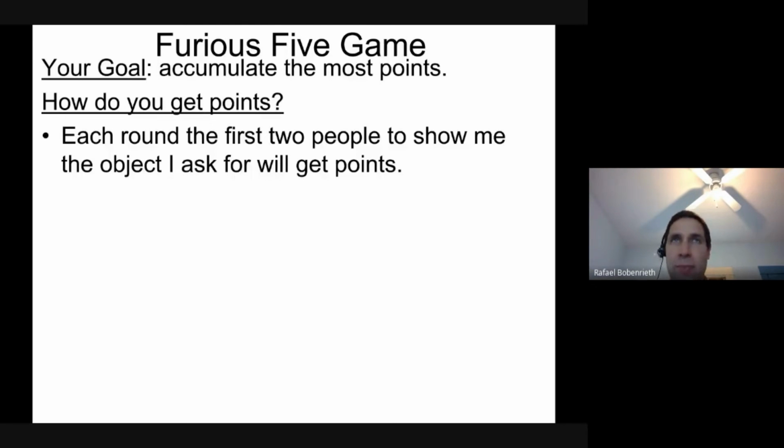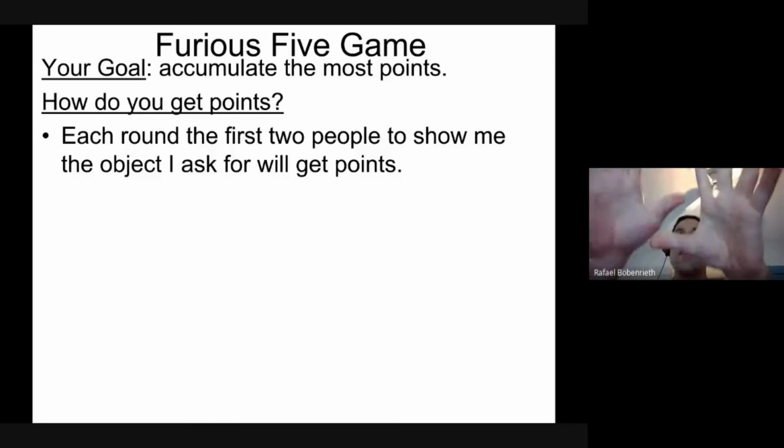For example, if I say, show me a pair of sunglasses, and I'm looking at all of you in gallery view, you have to have your camera on, and the first two people I see showing me sunglasses clearly on their video get the points for that round, okay?